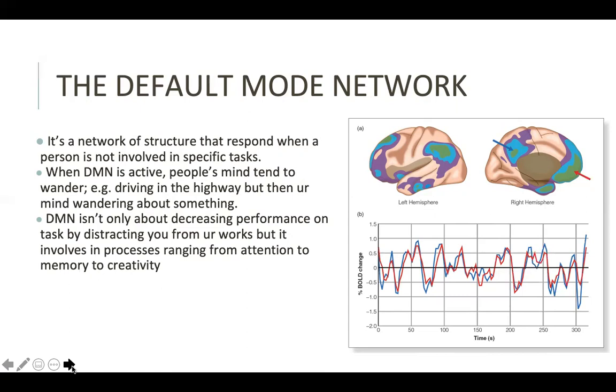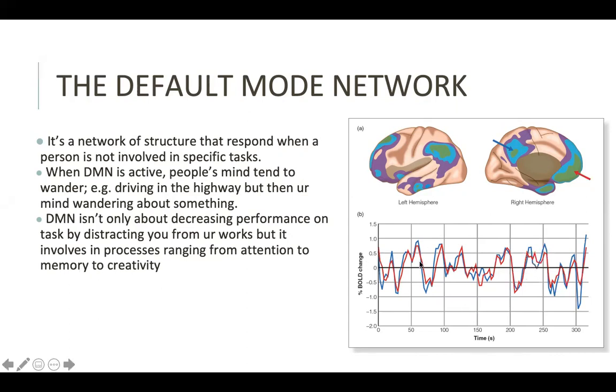A large body of research is still being done to explain more about the default mode network. In this figure, these are the brain areas that decrease their activity during task performance because of the default mode network.